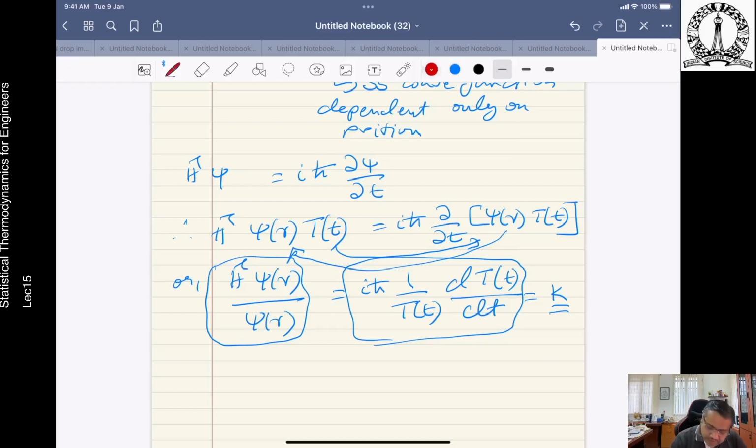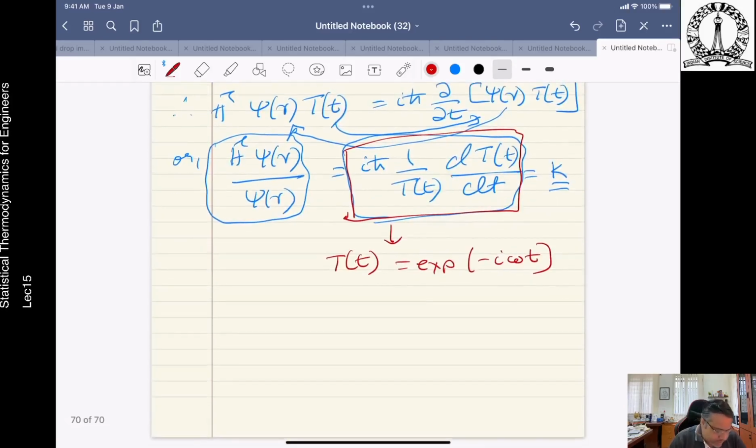Now, if you look at only this part of the wave function, you'll find that T(t) is given as exponential of minus i omega t, where omega is equal to E by h bar. Therefore, E is equal to h bar omega. Omega is E by h bar, and energy is nothing but h bar times omega, as we know.